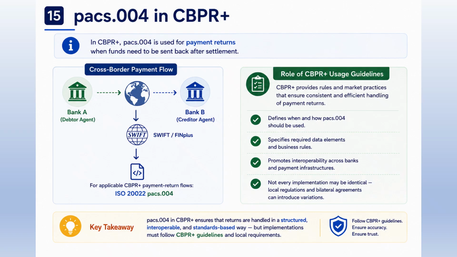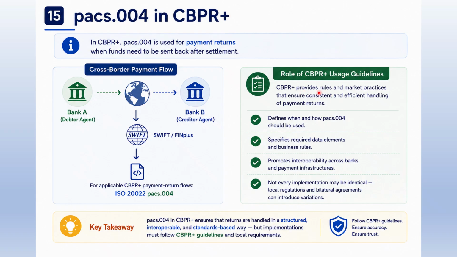Now, let's connect pacs.004 to CBPR Plus. In a cross-border payment, we can have Bank A, SWIFT/FIM, plus Bank B. For applicable CBPR Plus payment return flows, pacs.004 is used as the ISO 20022 payment return message. But there is an important point here.